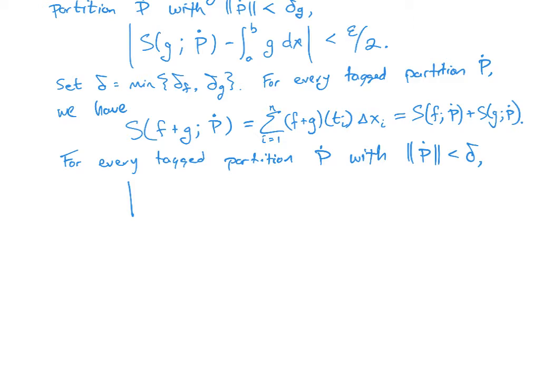We're going to look at the difference between the sum of F plus G with respect to P dot and what we would like the integral to be. What we would like the integral to be is the sum of the two integrals. So I'm going to put over here what we would like it to be.